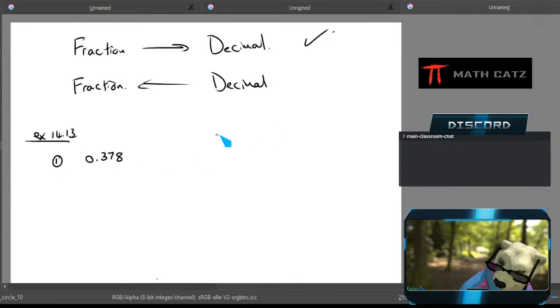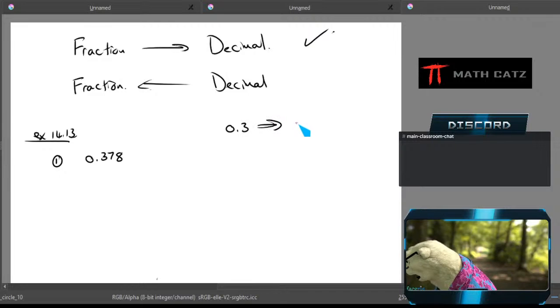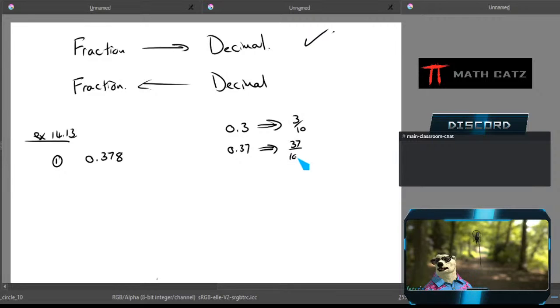Let's suppose this way. 0.3 would be 3/10, because that's exactly what that decimal place means. 0.37 would mean 37 hundredths. So 0.378, as our example, is 378 over 1,000, because it stops in the thousands position.